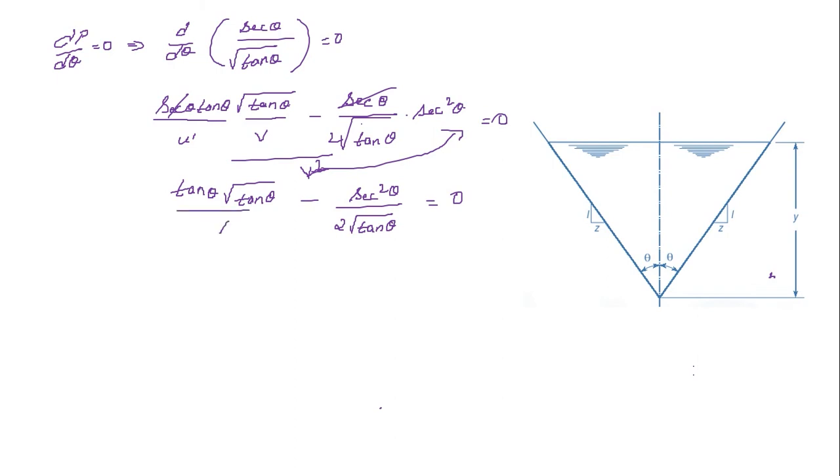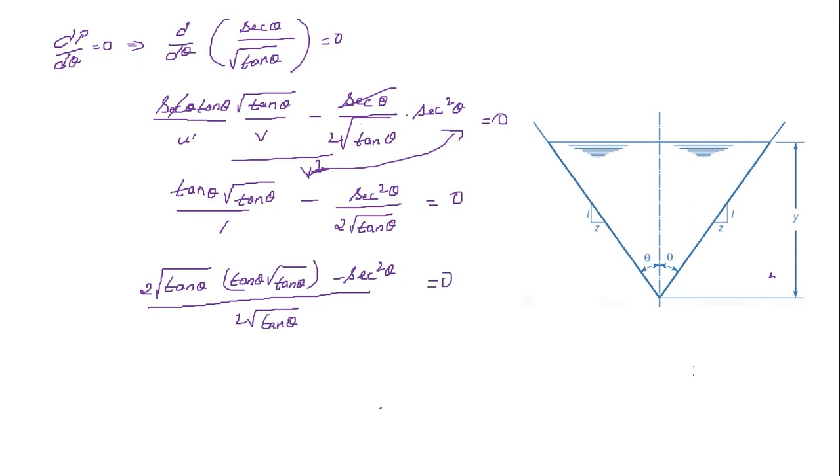Now take LCM. Okay, what happens to LCM? 2 root tan theta into tan theta minus secant square theta divided by 2 root tan theta, that equals to 0. Of course, this goes on to this side, becomes 0 again. So what happens is root tan theta here, root tan theta, so tan theta. Again we have another tan theta, so 2 tan square theta minus secant square theta equals to 0.